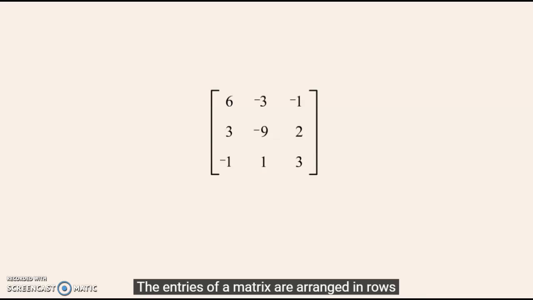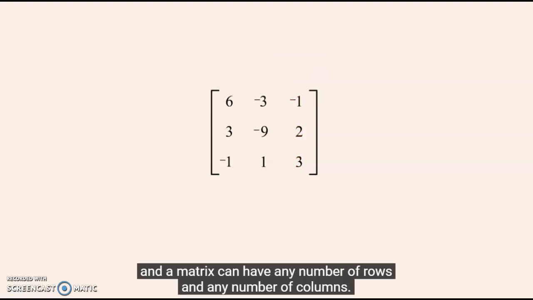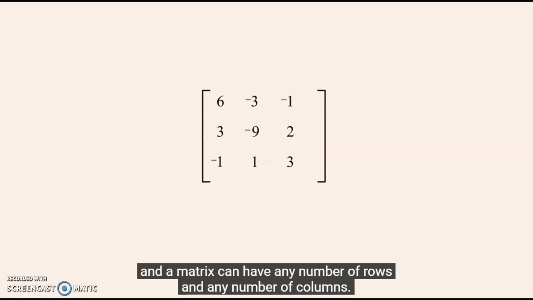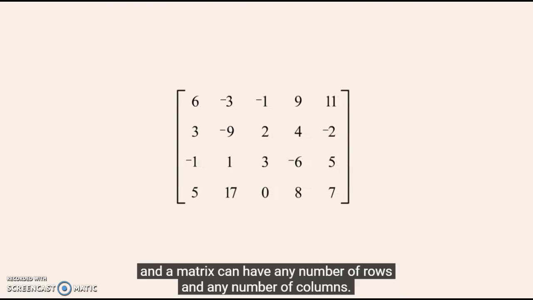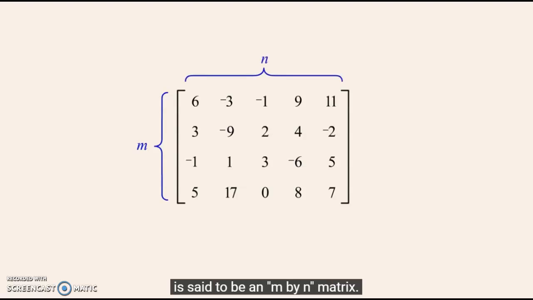The entries of a matrix are arranged in rows and columns. And a matrix can have any number of rows and any number of columns. A matrix of m rows and n columns is said to be an m by n matrix.